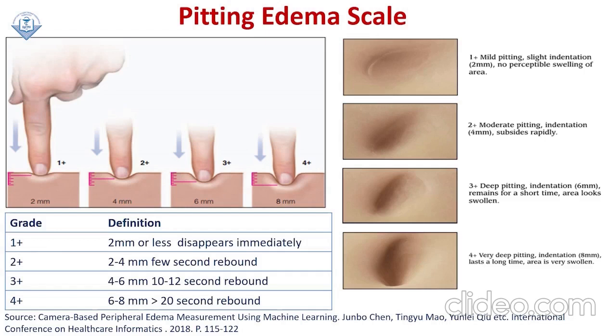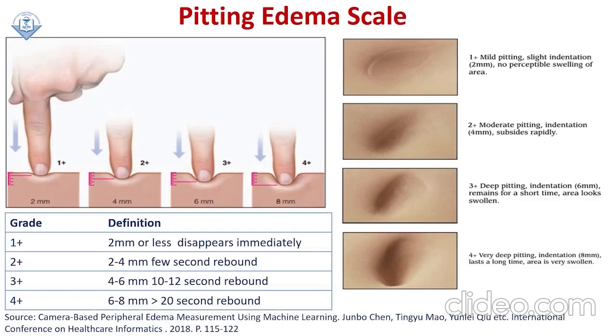In the second degree, it is maximum 4 millimeters and a few seconds rebound. It is moderate pitting with indentation of 4 millimeters and subsides rapidly. Grade 3 is a 4-6 millimeter fossa and 10-12 seconds rebound.